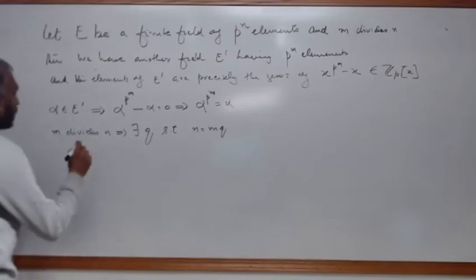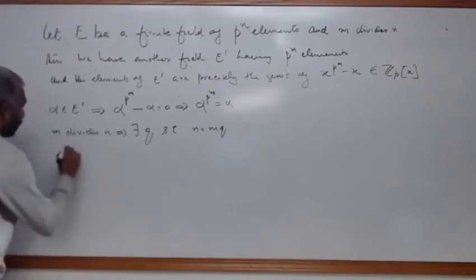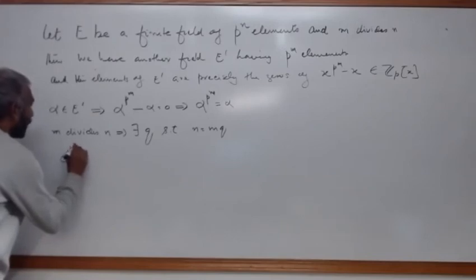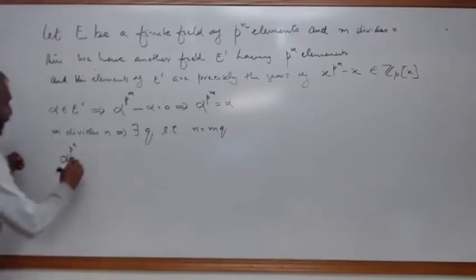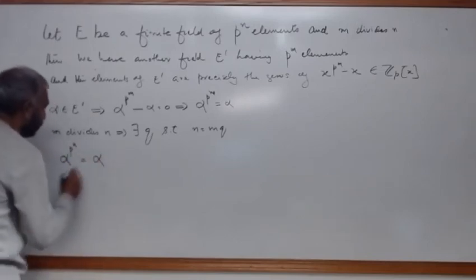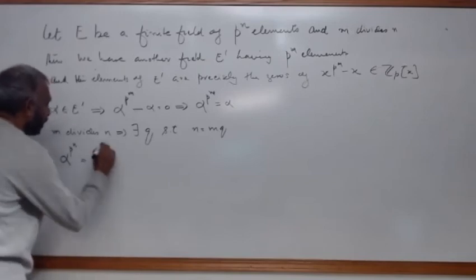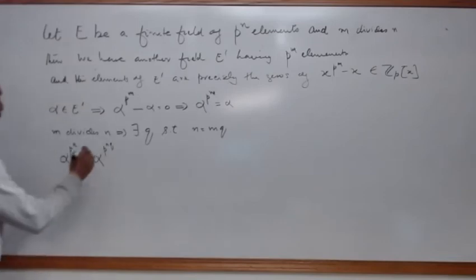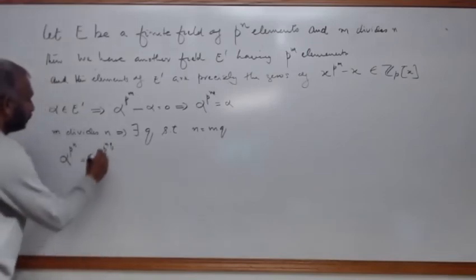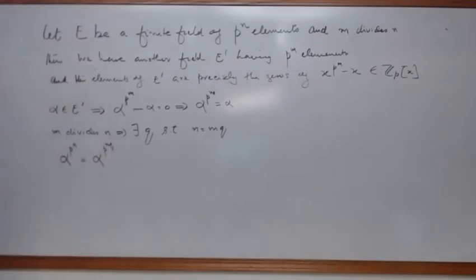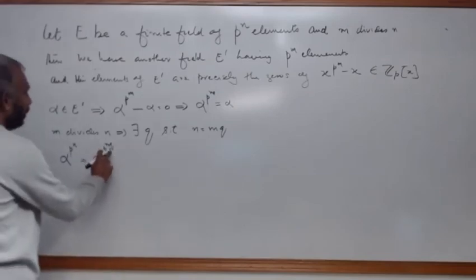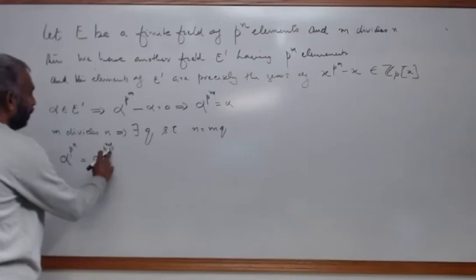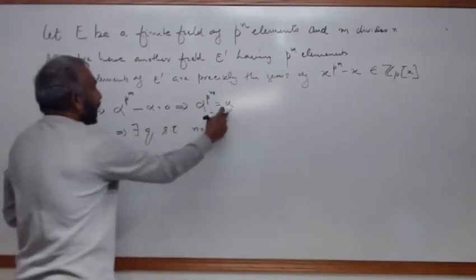So let us calculate alpha to the power of p to the power of n, and that is equal to alpha to the power of p to the power of mq. But alpha to the power of p to the power of m is actually alpha.